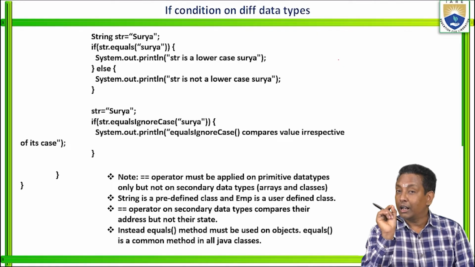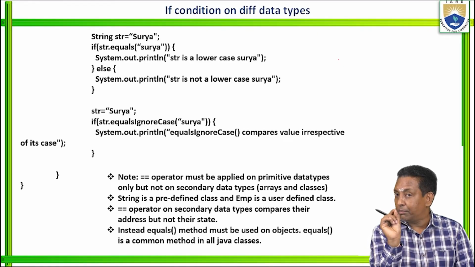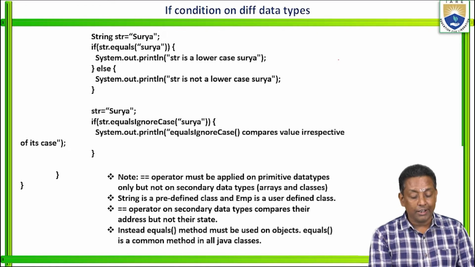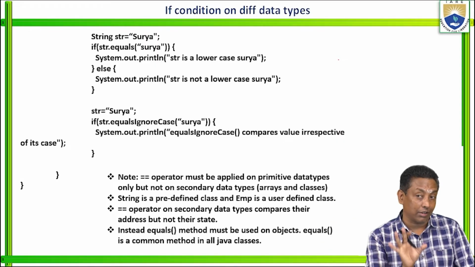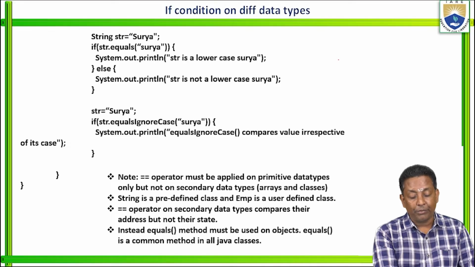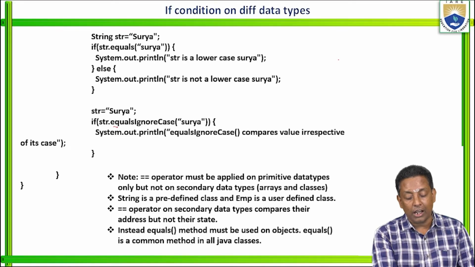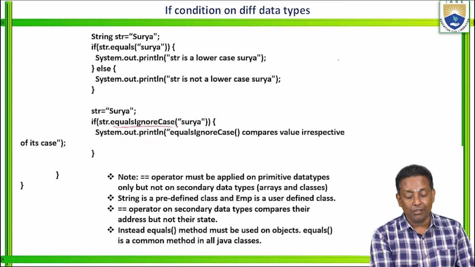If you want to compare only the value but not the case, there is one more method. This method is only available in the String class but not in all the Java classes. In the String class there is a method called equalsIgnoreCase.